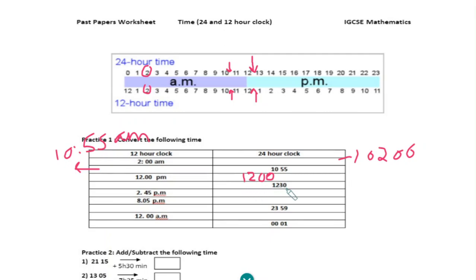Sorry, 12:30 in the 24 hour clock is 12:30 p.m. in the 12 hour clock. So 12:30 and then p.m.